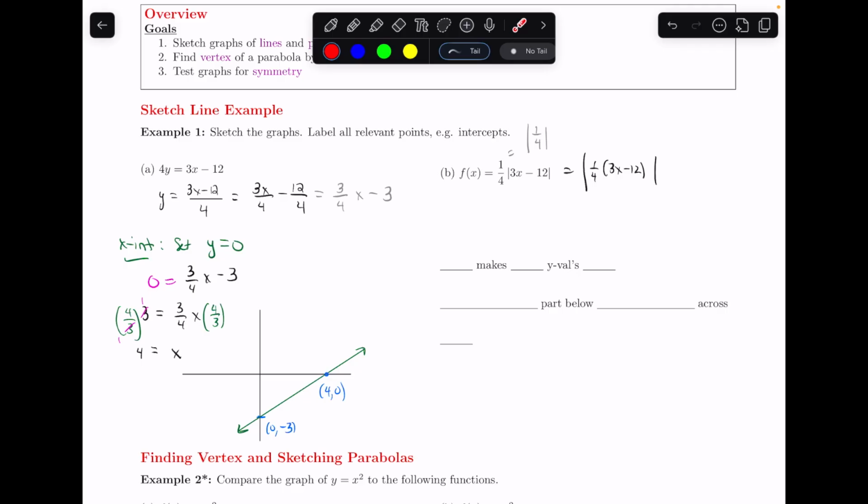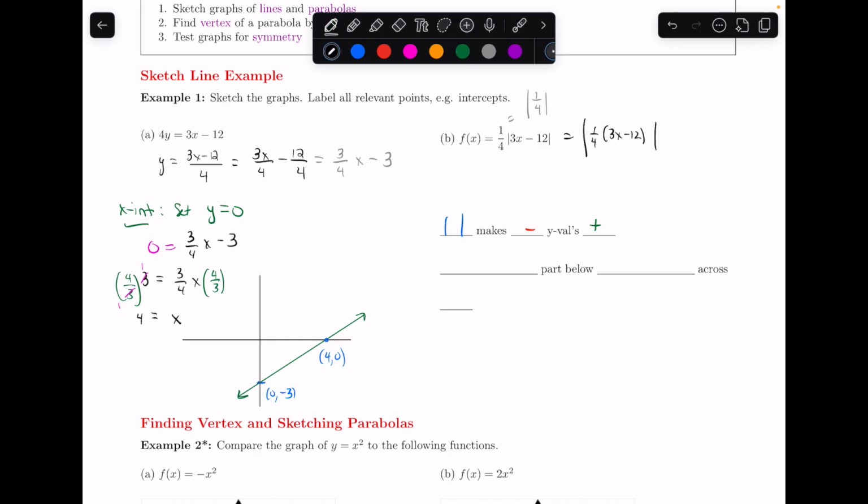So what does putting an absolute value around a function do to the graph? The absolute value makes negative y values become positive. So I'm going to go ahead and draw some axes. It's going to take the part of the graph that I had with the negative y values and turn those positive. If it turns those positive, it's going to flip it up across the x-axis.